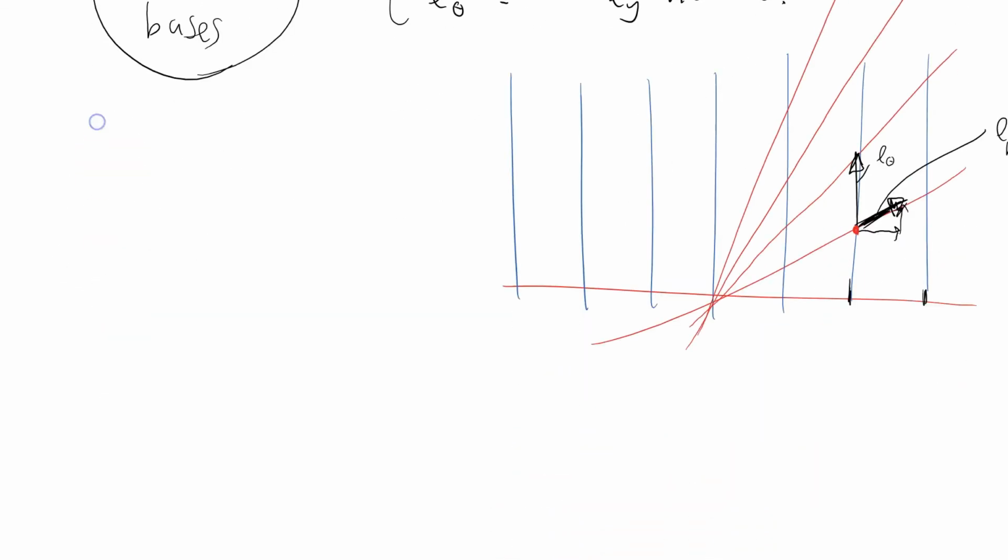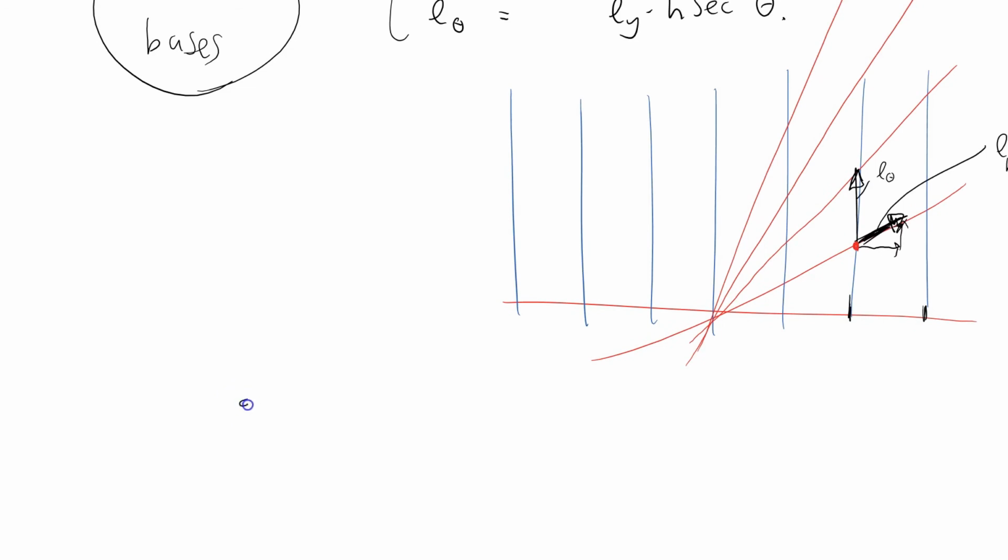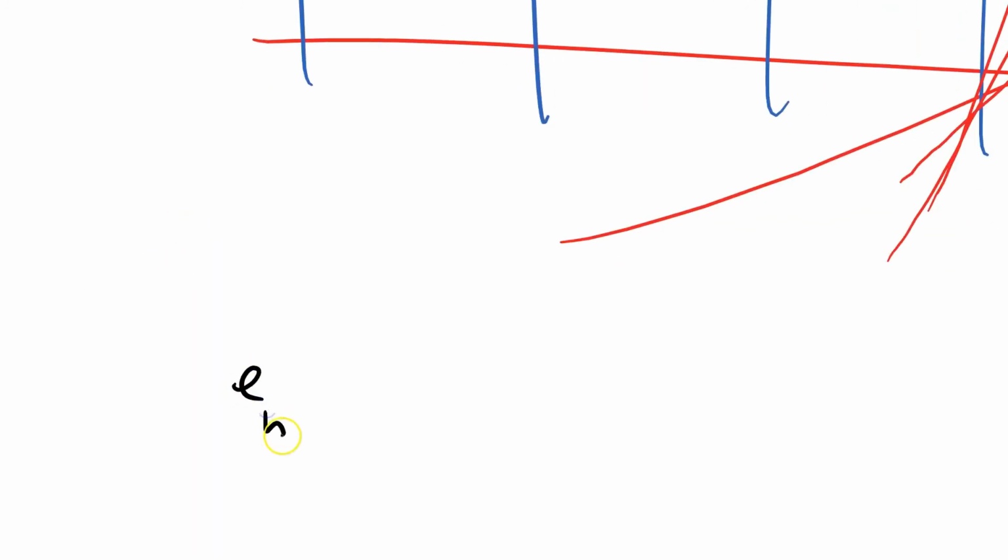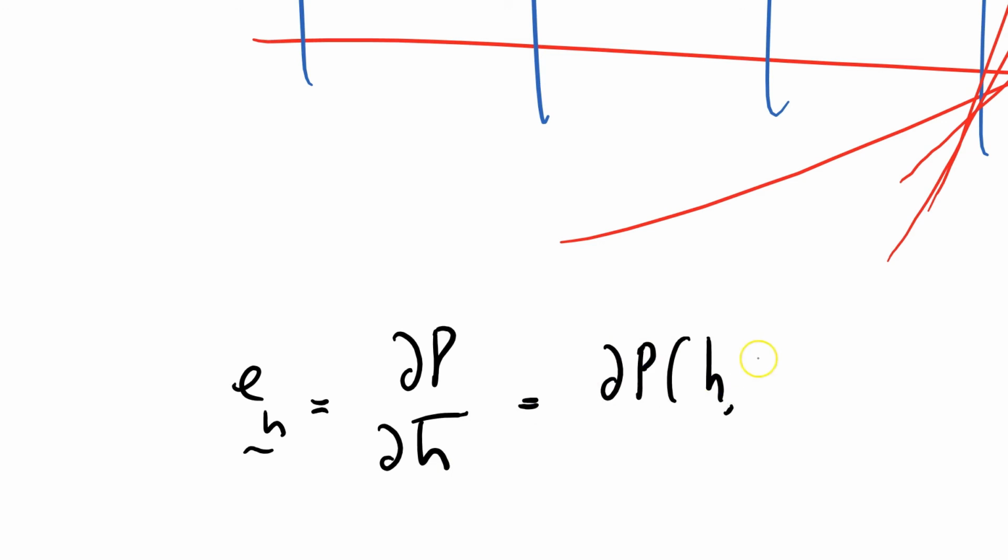I'm going to state it again. So EH equals, let's pinch in a little bit here, EH equals ∂P/∂H equals ∂P(H, θ)/∂H.